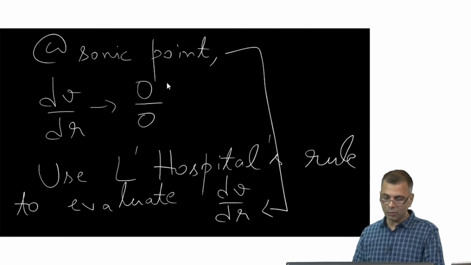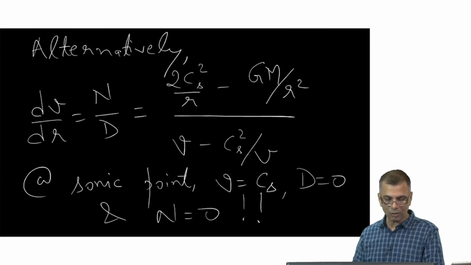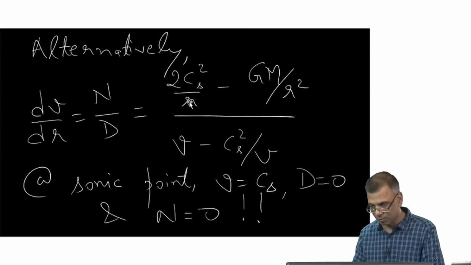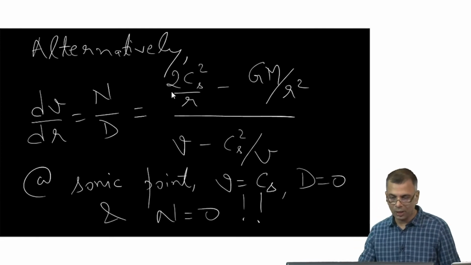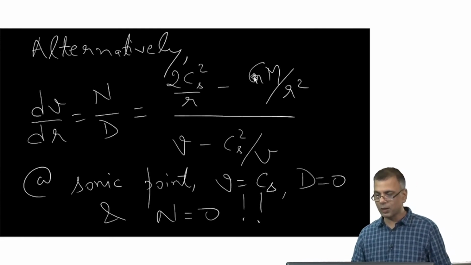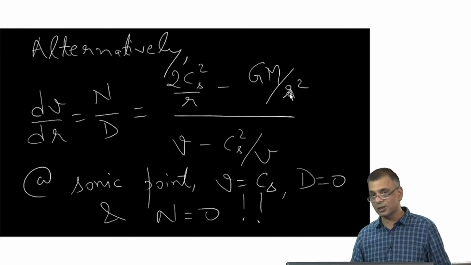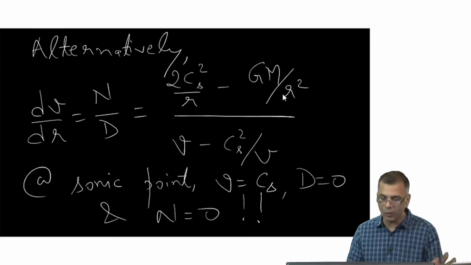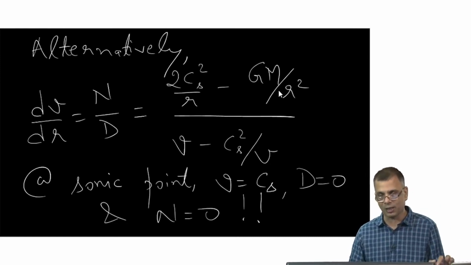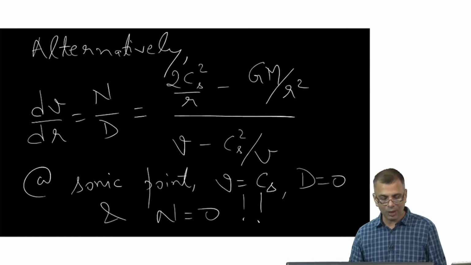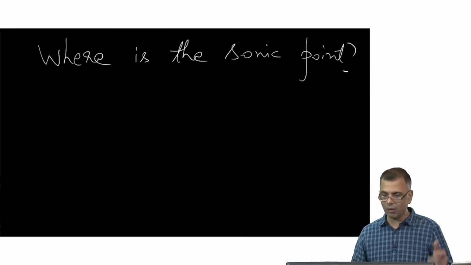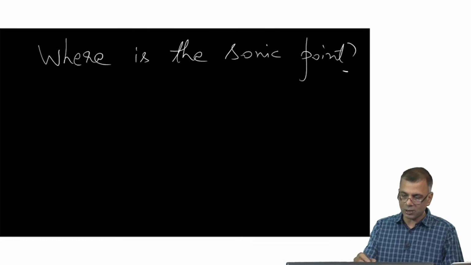Now, when does the numerator become 0? Well, let's look at the numerator. Suppose I want the numerator to become 0. In other words, I force 2Cs squared over r to be equal to GM over r squared, and this does not happen everywhere. This happens only at r equals r sonic. Okay, so let us now ask, where is the sonic point?